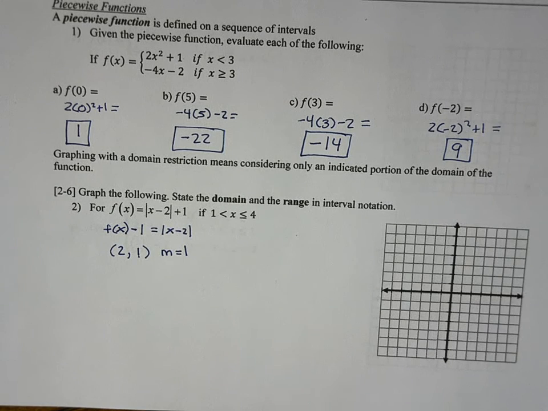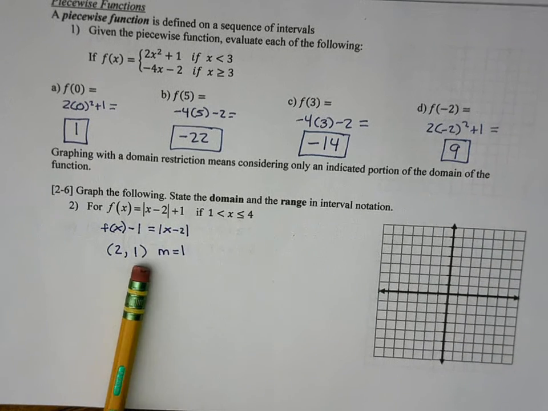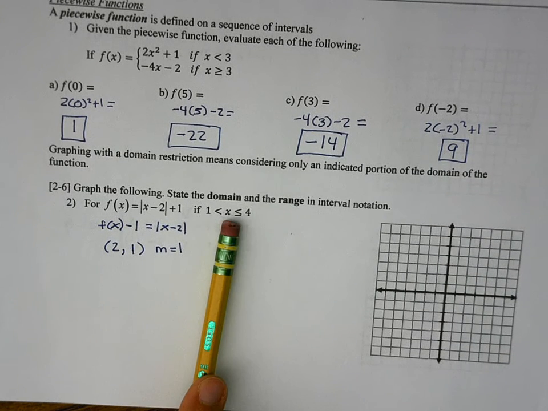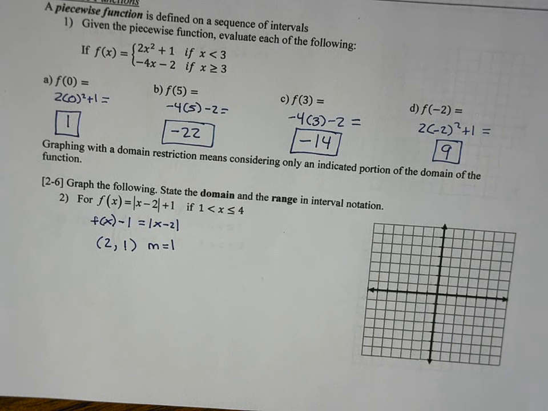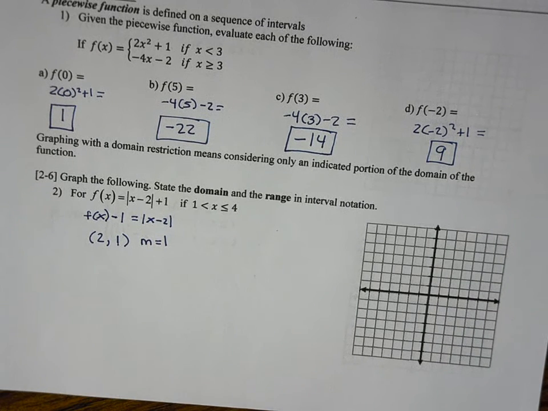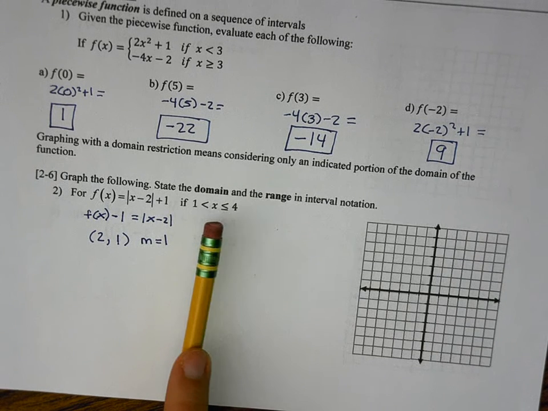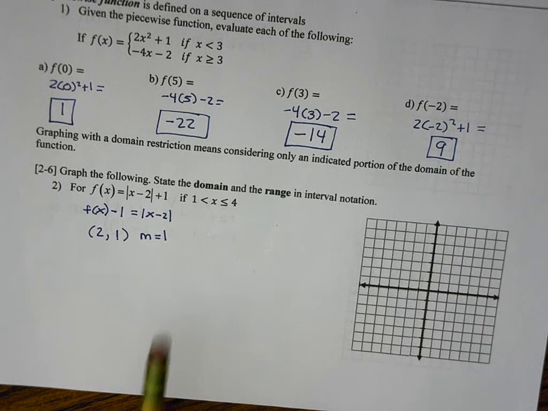Okay, for some people, they're going to be able to take this and look at this region and know exactly what to graph. And I will walk through how to do that in a short bit. For others, you might never reach that point. You might always start with graphing the absolute value as a whole and then erasing everything except what is included in the given interval. So I'm going to demonstrate that first.